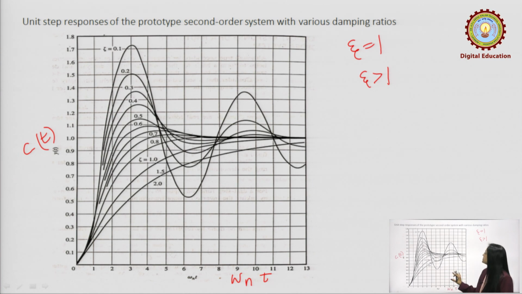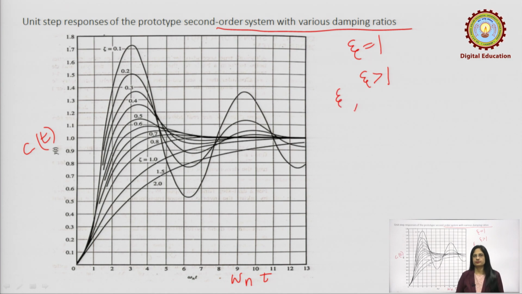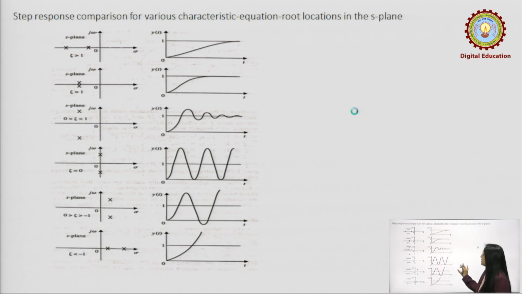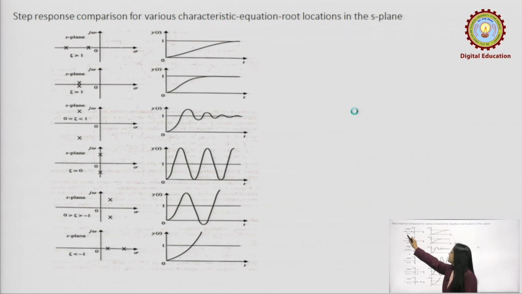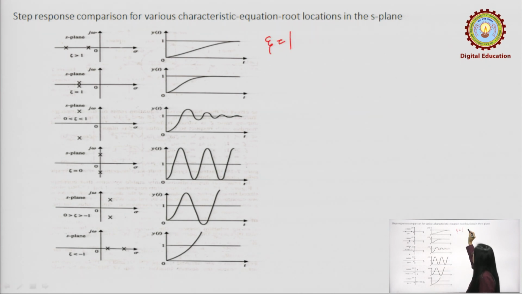So, this graph typically depicts the prototype second order system unit step response for various damping ratios. So, we have understood how zeta affects the damping of the system. Now, here we can see how the response of the system would be for the cases regarding zeta equal to 1. This is the case for zeta equal to 1.